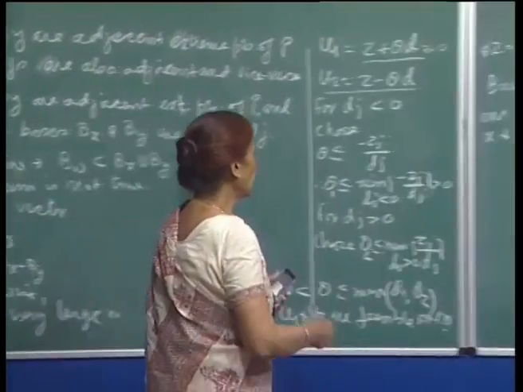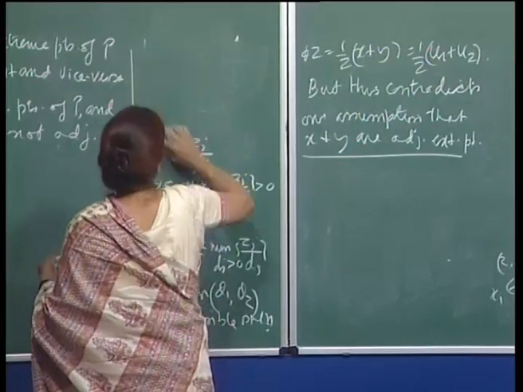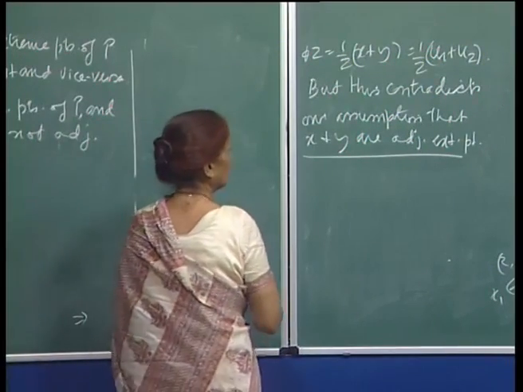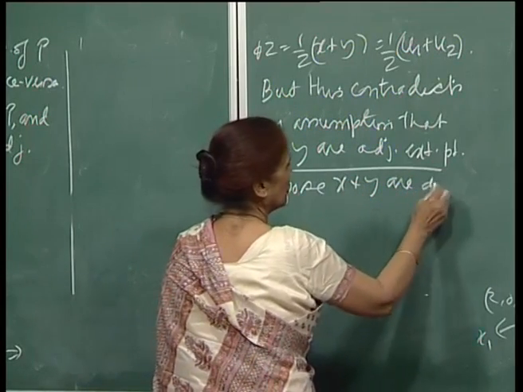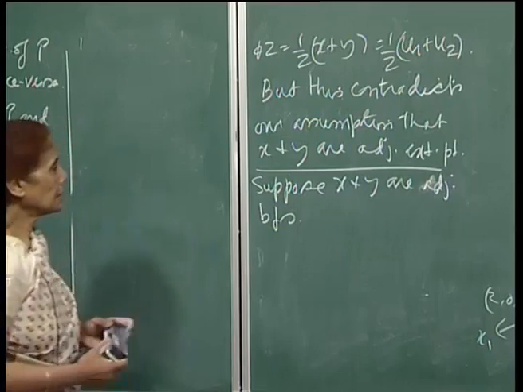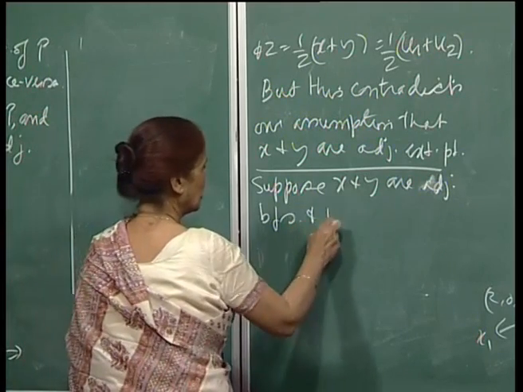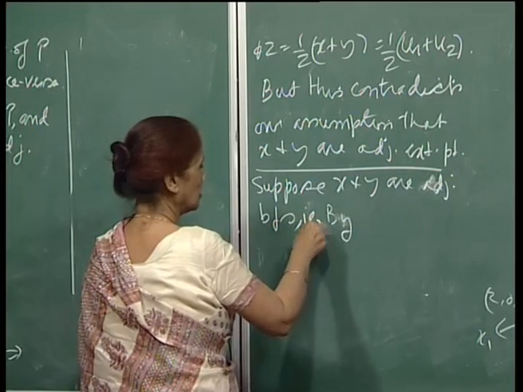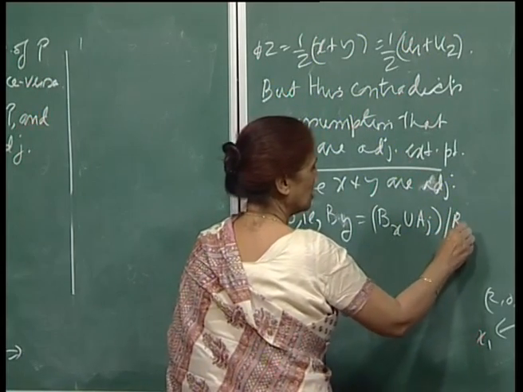So this is it. Now we want to prove the other way. Now I want to say that suppose x and y are adjacent basic feasible solutions, that is, By is Bx union aj minus ar.